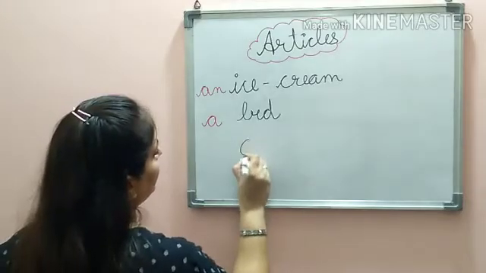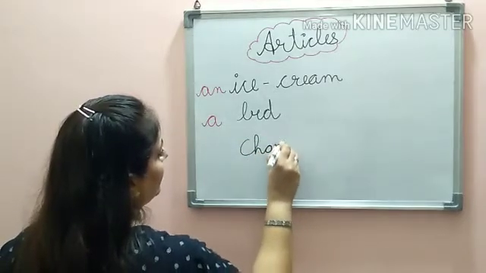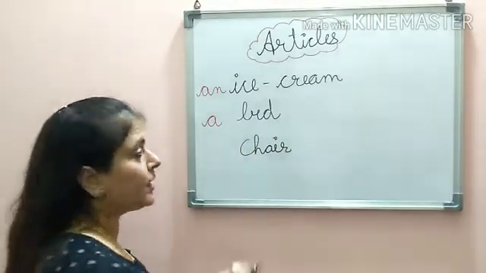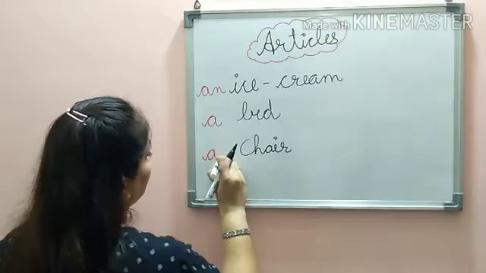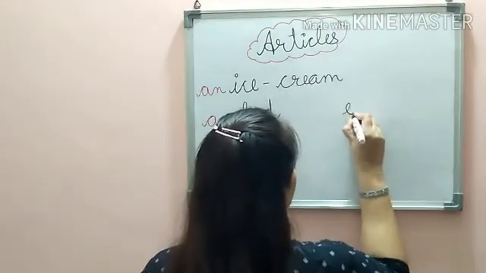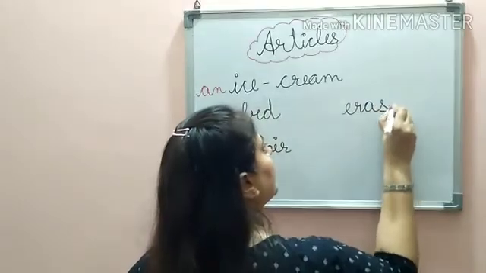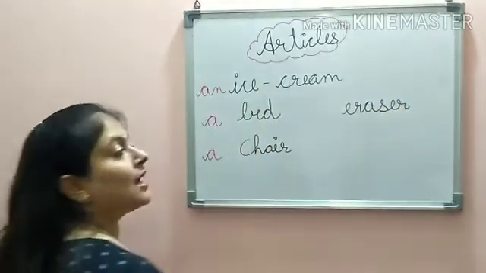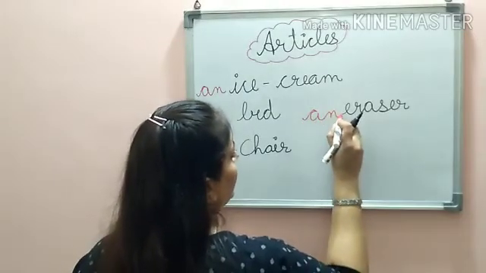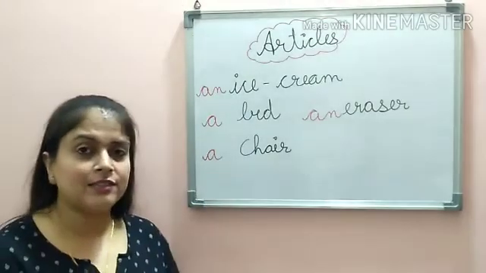Chair. Yes, C is a consonant. So a chair. Eraser. An eraser. An eraser. So let us revise.